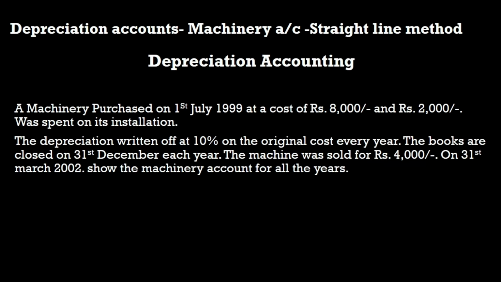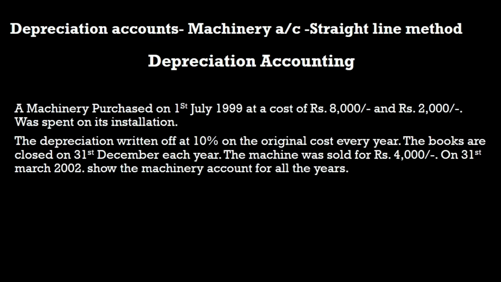The reducing balance method I already explained: year by year, what the asset value will be after depreciation, that is called the reducing balance value, correct? So we have to calculate based on that. But original cost means this is not going to change.